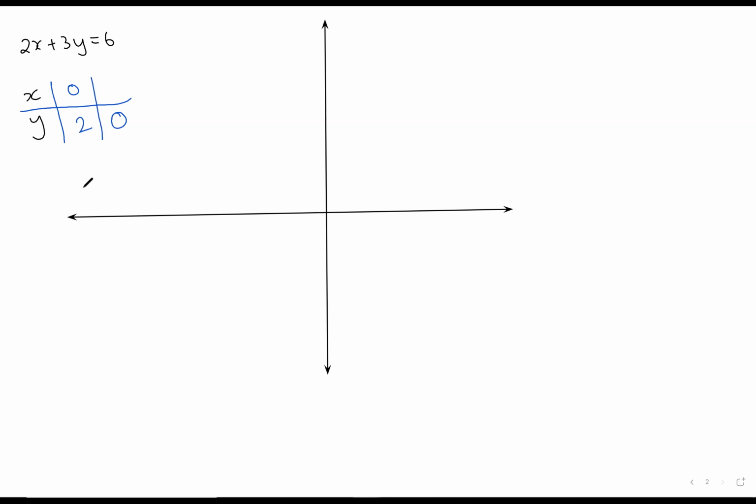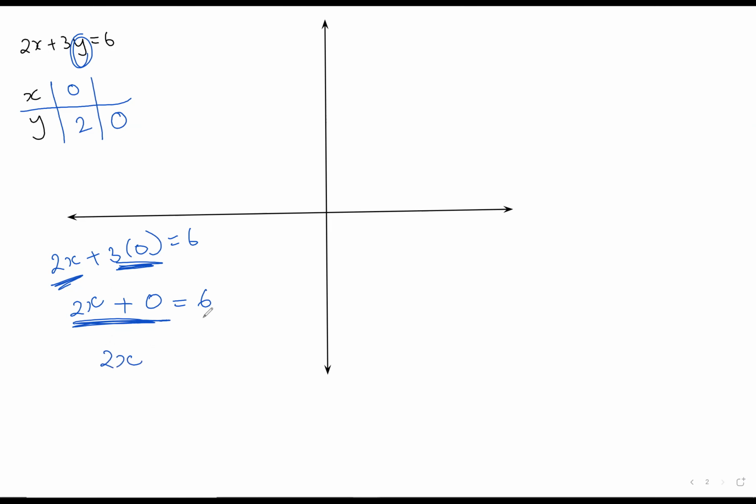Okay. So if y is 0, Miraj, take a look at it carefully over here. We have 2x plus 3 times y, and y is 0, so 3 times 0 is equal to 6. So we have 2x as it is, and plus 3 times 0 is what, Miraj? 0. Equal to 6. Now what do I have on the LHS? 2x.